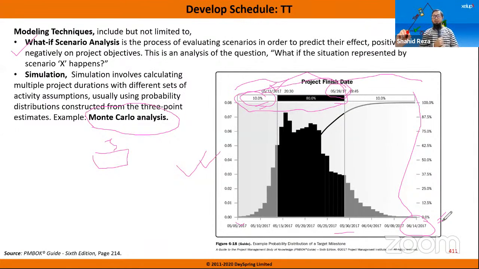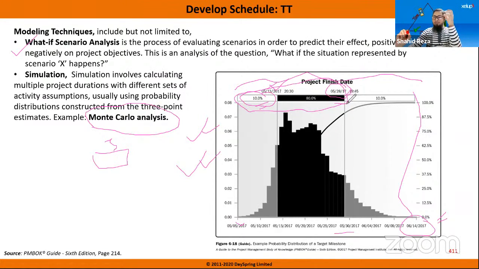So that way, if we use simulation, we can see the future. We can see the probability of finishing a task within a certain time or date. Probability can help us. Sometimes in the PMP exam, you can see this picture, and they can ask questions.